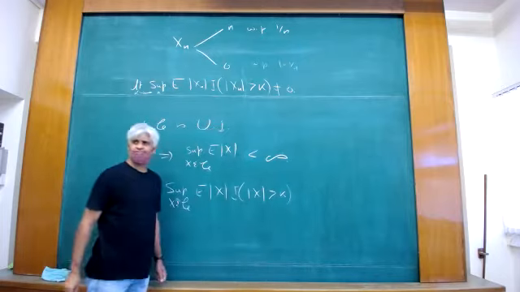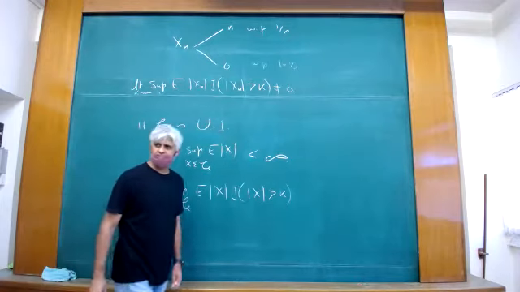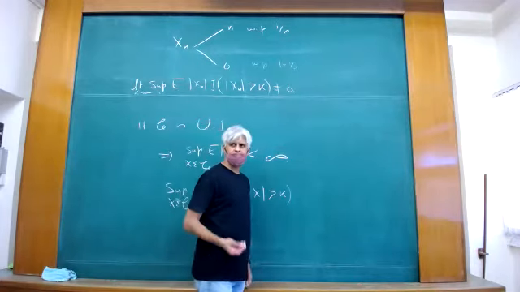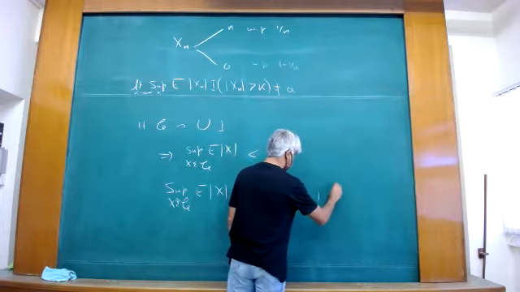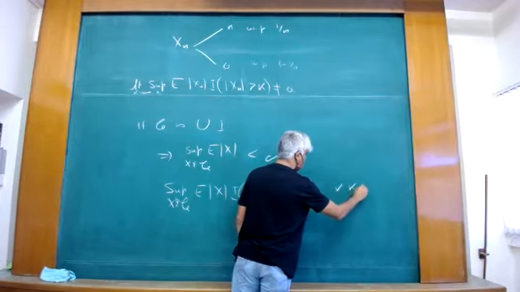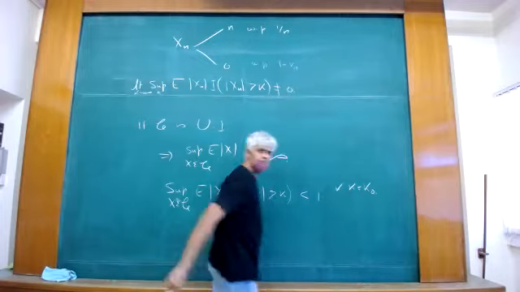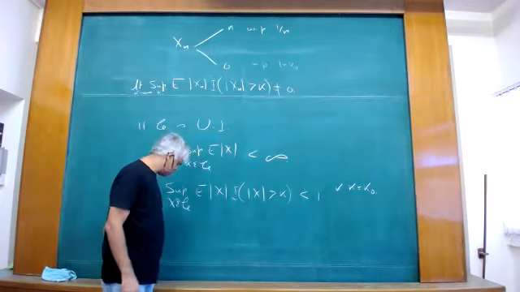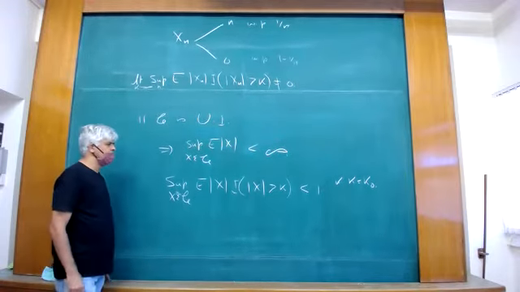This is going to 0 as k increases, right? So you can make it, say, less than 1. Anything. We can always find that k0, right?